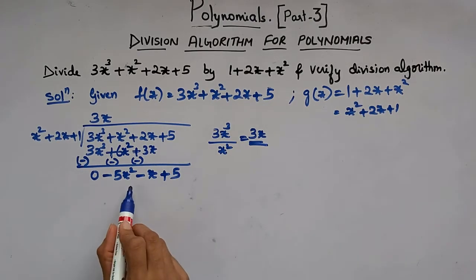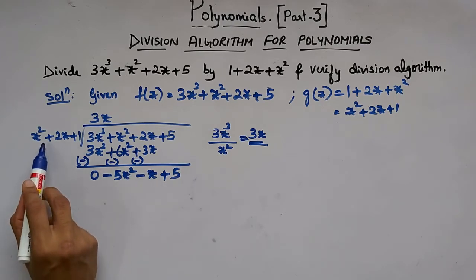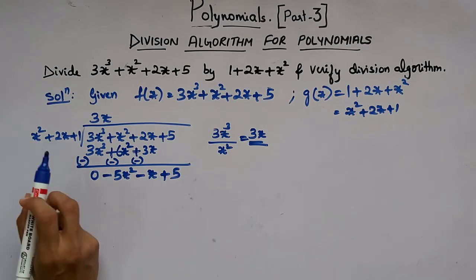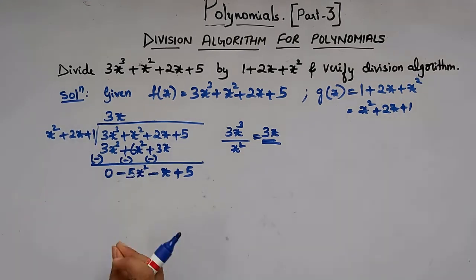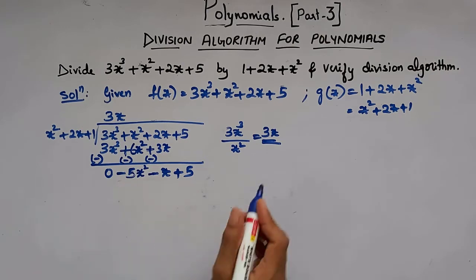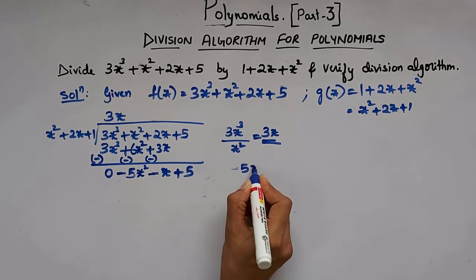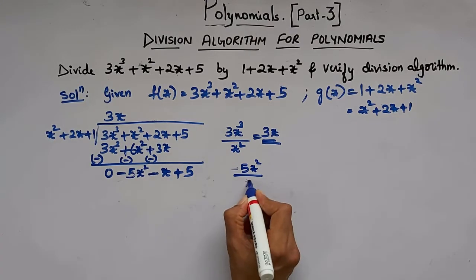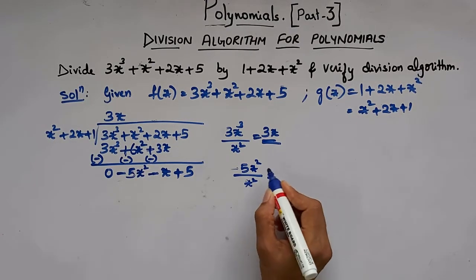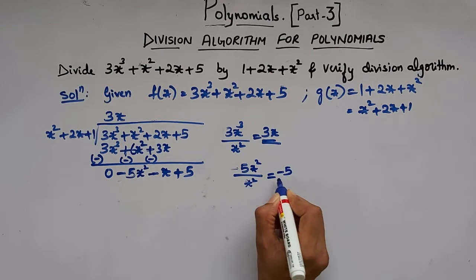Now check the degree. Here the degree of the remainder is 2, which is equal to the degree of the divisor. We want the degree to be less than the degree of the divisor. So let's continue again. Now take the first term of the dividend, that is minus 5x square, by the first term of the divisor, here it is x square. So we are left with minus 5.